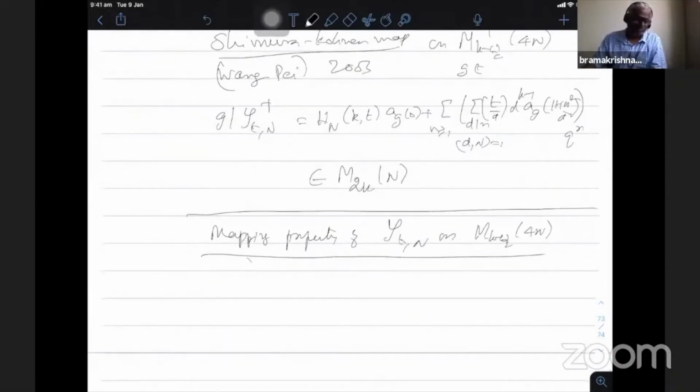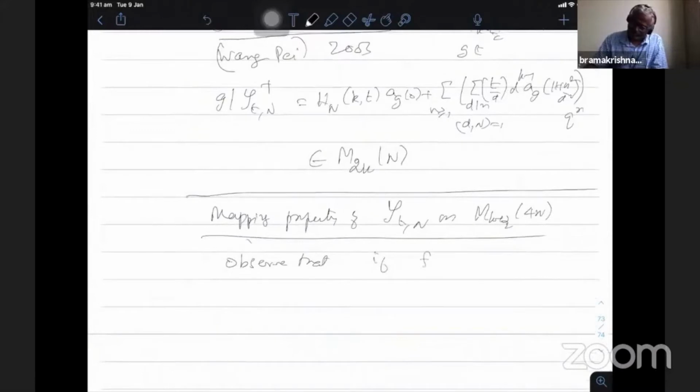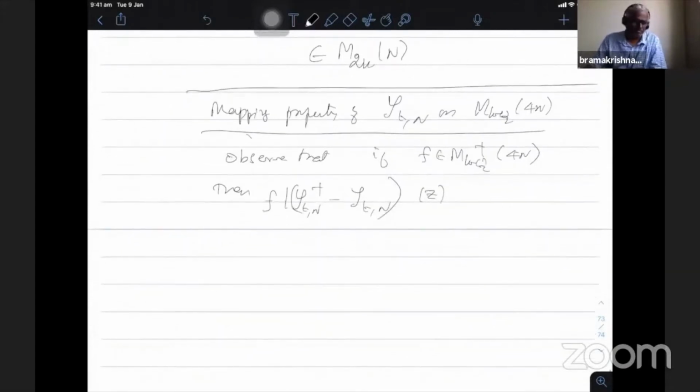So there is a nice relation between the Shimura map and the Shimura-Kohnen map. So observe that if f belongs to M_{k+1/2}^+(4n), then if I apply the Shimura-Kohnen map and subtract it from the Shimura map, the difference is given by the following: (t/2)^{k-1} times the Shimura-Kohnen image of f, composed with B(2).